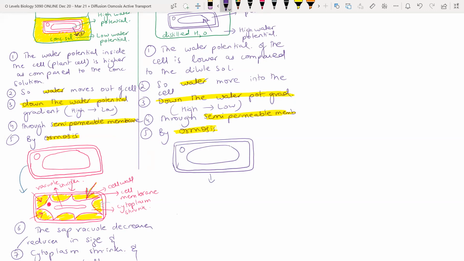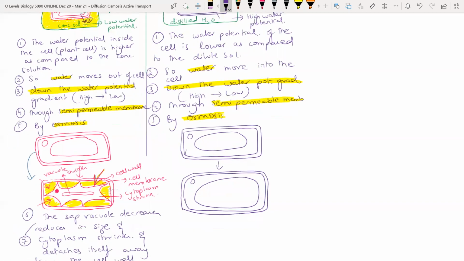So the cell will now become slightly swelled and turgid. Its size will not increase very much. It's just going to be like this, I mean, because of the cell wall again. So now it will be something like the following. Okay, since the water has now entered. Okay, so let me write down the points first and then I will explain.